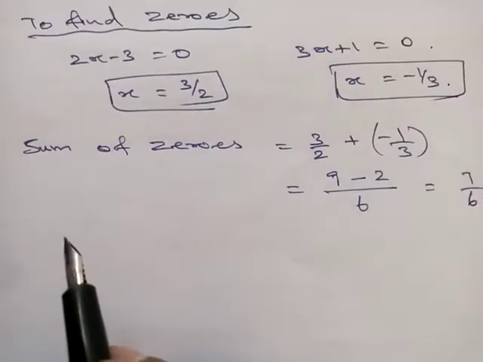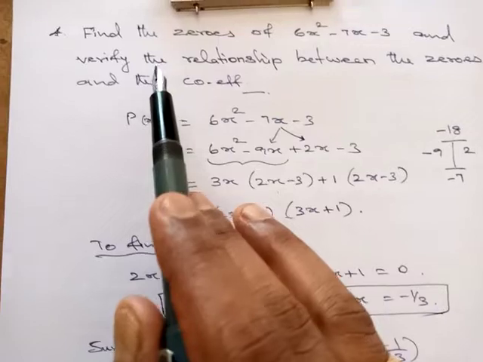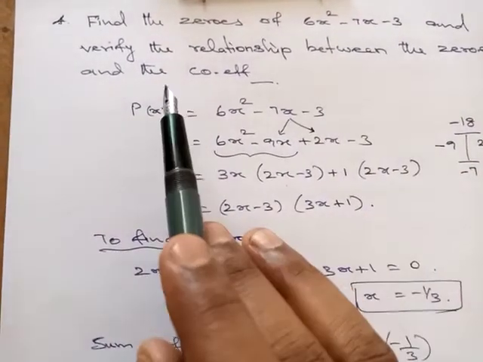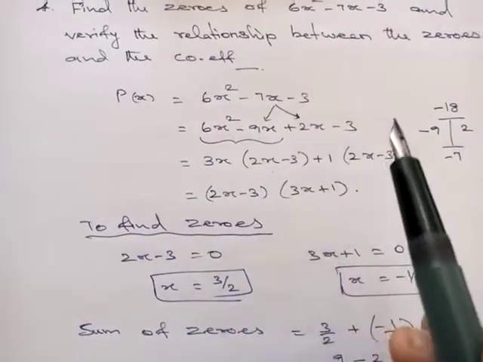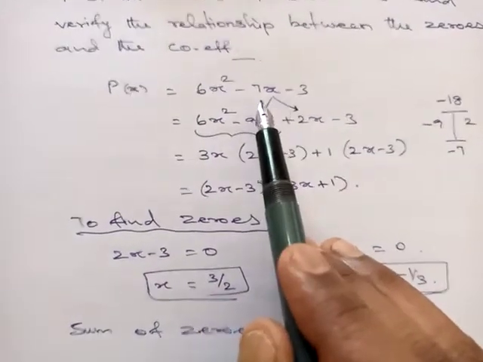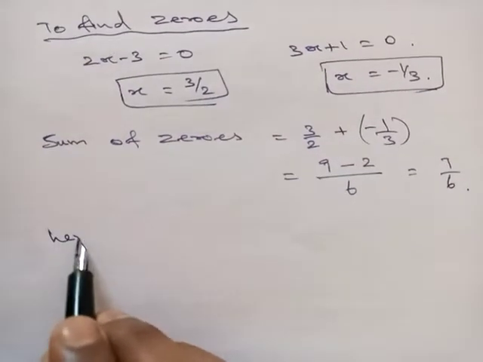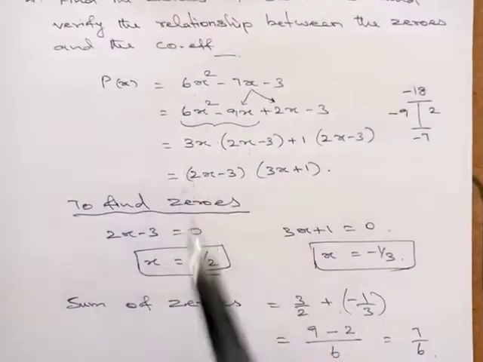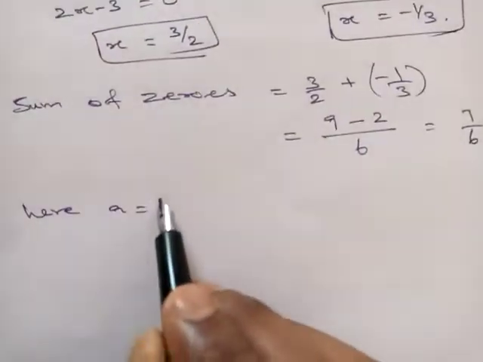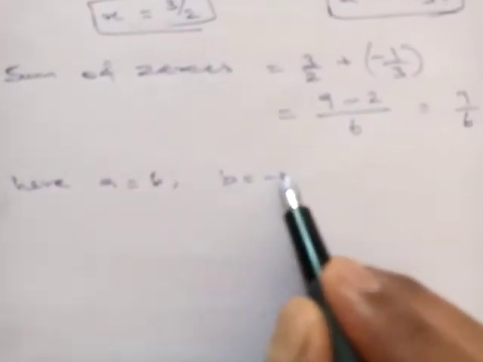Before going to that, here itself we can verify, because they are asking to verify the relationship between the zeros and the coefficients, right? Here what is the coefficient of x²? 6. Coefficient of x is −7 and the constant is −3. So here what are a, b, c? Here a is the coefficient of x², 6. b is nothing but the coefficient of x, that is −7.